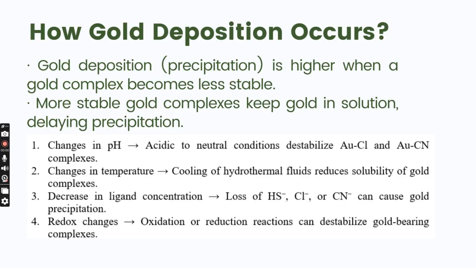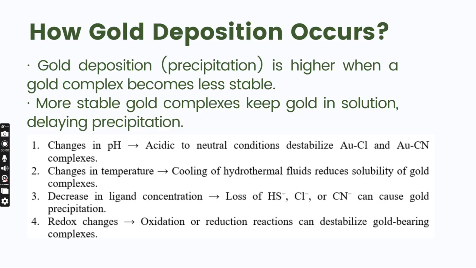Now, how does gold deposition occur? Of course, gold must be precipitated. That means different factors can influence the precipitation of gold. Among these, alteration is one of the important phenomena. Alteration means something changes, and that change can influence gold precipitation.